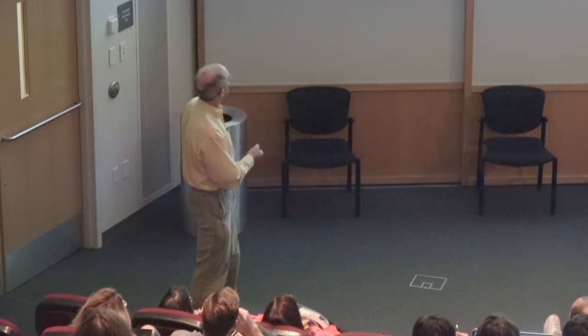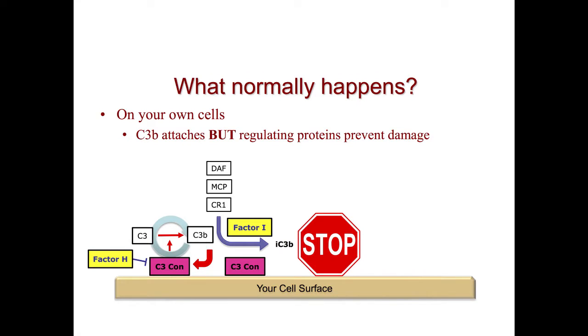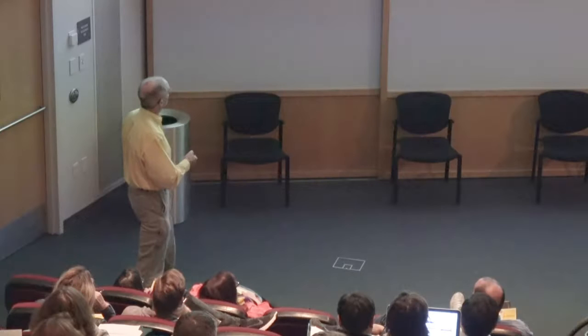So now, when your complement system is healthy, remember I told you could have a bacteria right next to one of your own cells. The reaction is indiscriminate, but the brakes recognize your cell surface and they say, whoa, we don't want the C3 convertase working on this cell surface because that's part of me. And in atypical aHUS, that recognition is impaired.